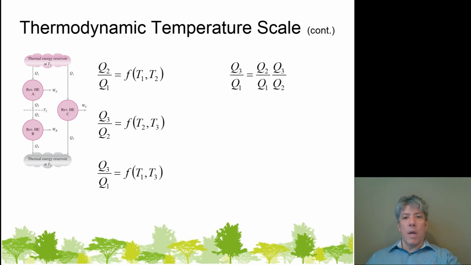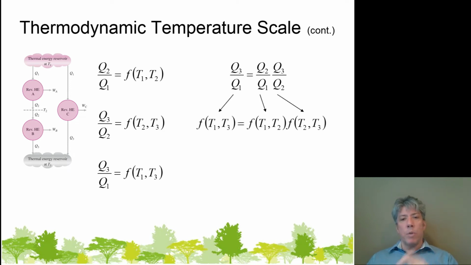And that makes sense. What that means is that we should be able to multiply whatever that function is for heat engine A and heat engine B together and get the function for heat engine C, for all of this to be consistent.